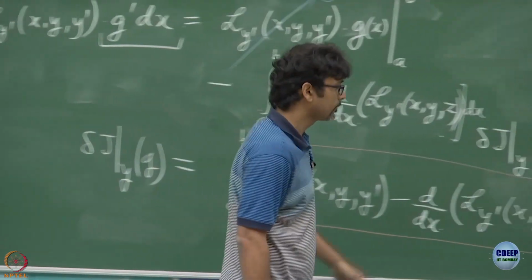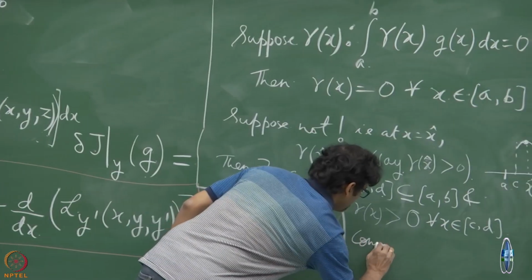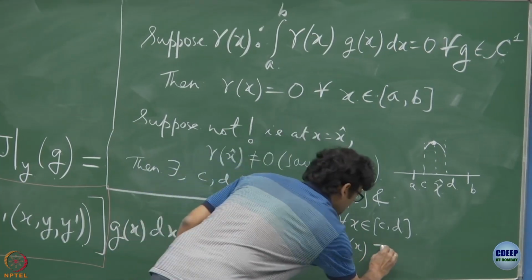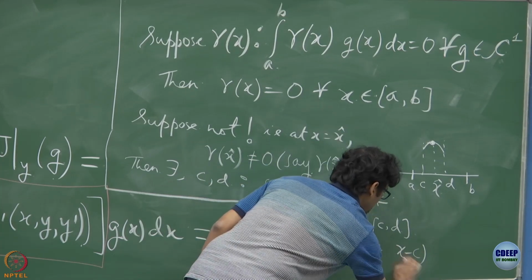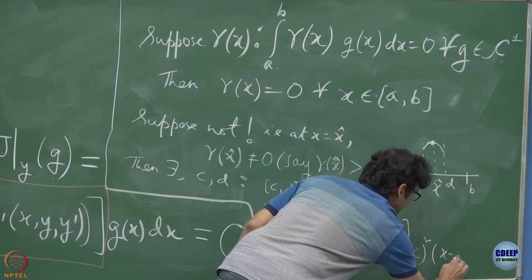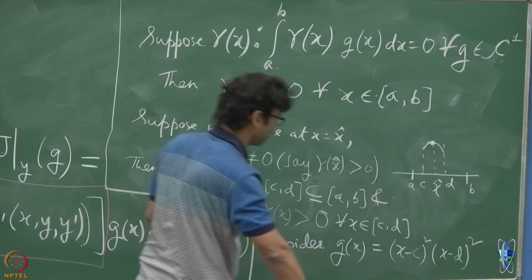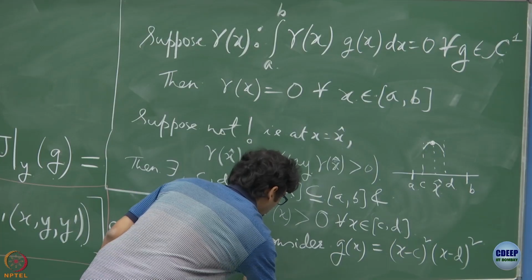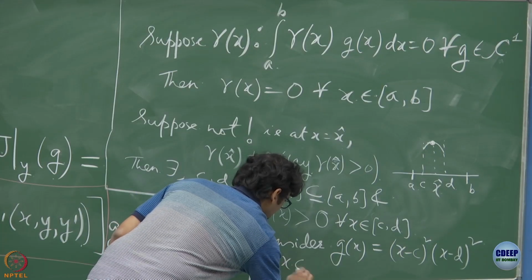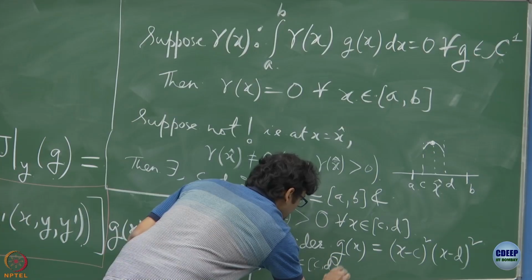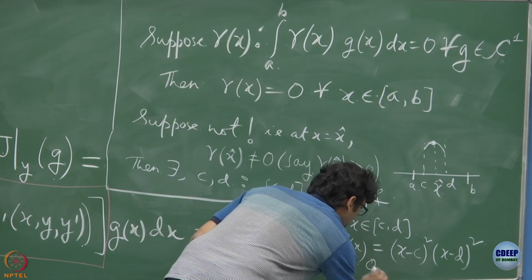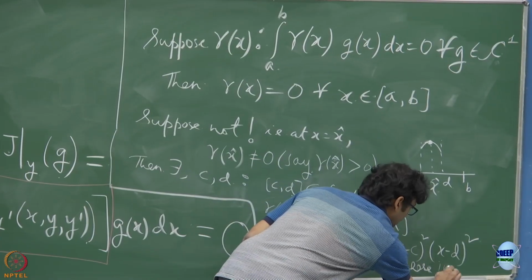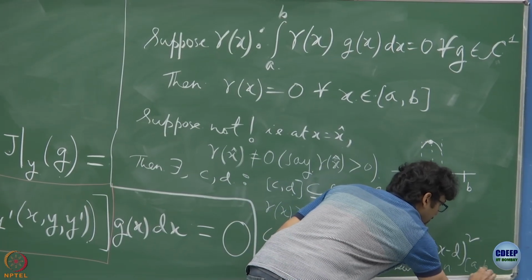Consider g of x equal to (x minus c) whole squared into (x minus d) whole squared, for x belonging to the interval c to d, and 0 elsewhere in the interval a to b.